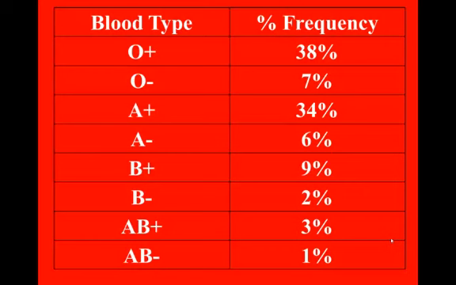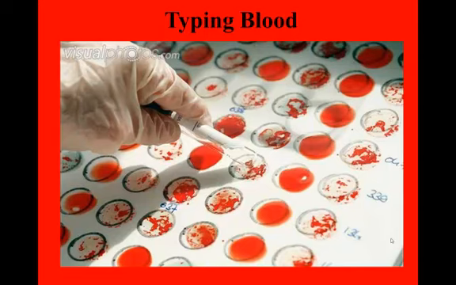But O negative is only 7% because all the negatives are going to be low because only 15% of the population has negative blood. Now I'm going to get into blood typing. You don't need to know this for the quiz, but we are going to be doing a blood typing lab.